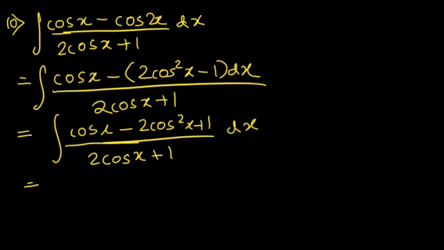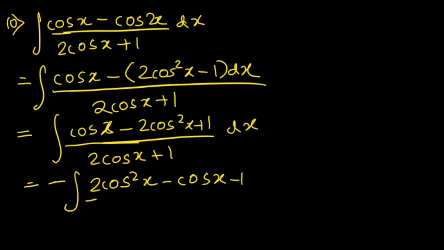So here we have to do now just a little adjustment. Taking minus common from the numerator, it gives 2 cos square x plus, so here it will be minus cos x minus 1 by 2 cos x plus 1 dx.